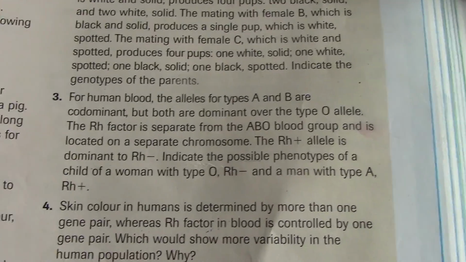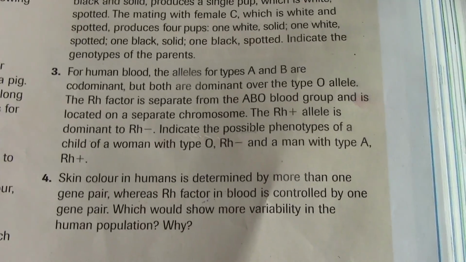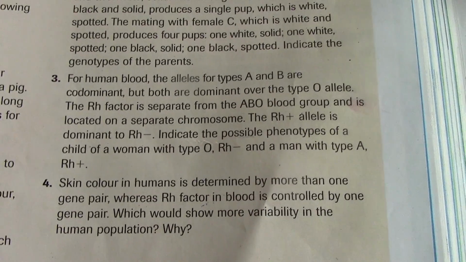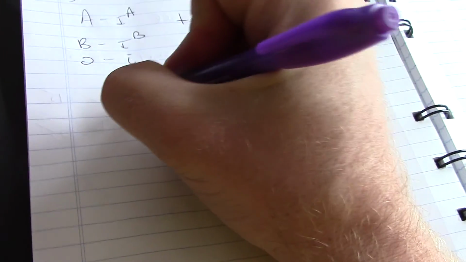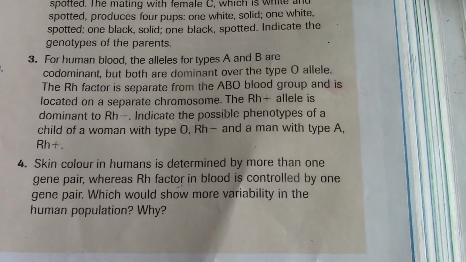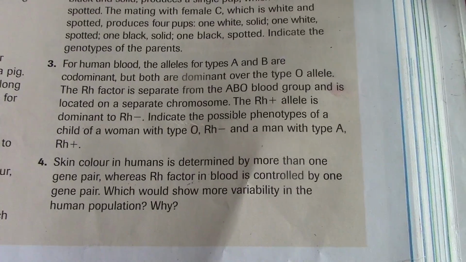So what this says is indicate the possible phenotypes of a child of a woman with type O blood, and she's Rh negative. So the woman is ii negative negative. And a man with type A Rh plus. So we're going to make him a heterozygote because you're going to get more allele combinations.